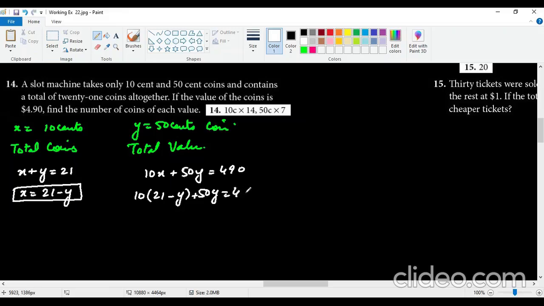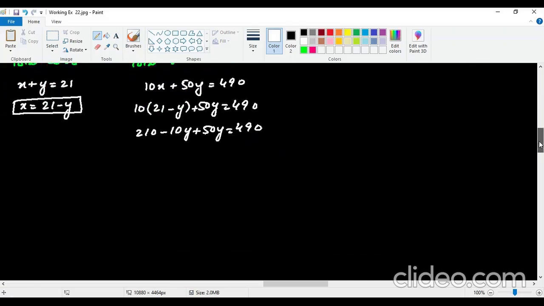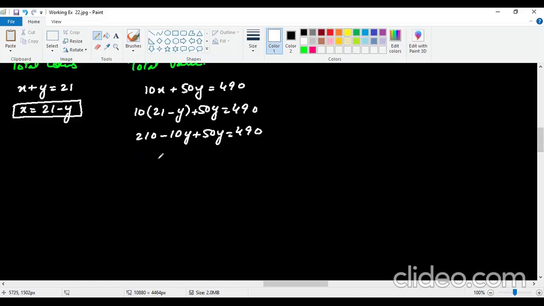This becomes 210 minus 10y plus 50y equals 490. This is going to become plus 40y equals 490 minus 210. So 40y equals 280.